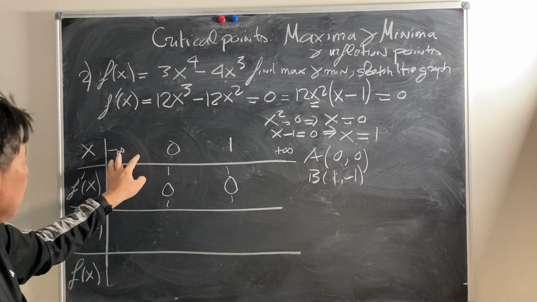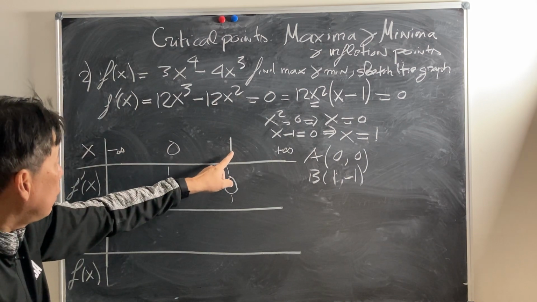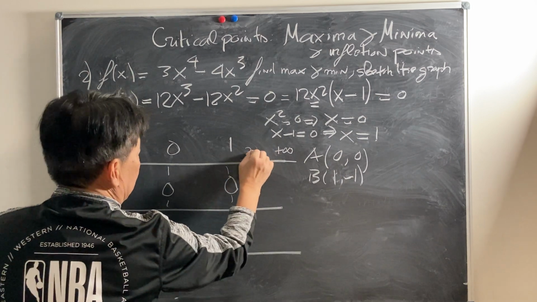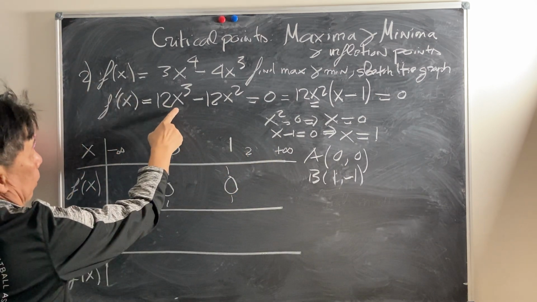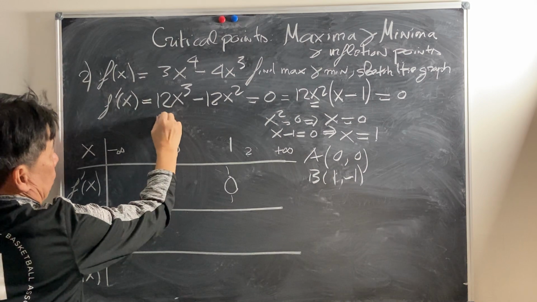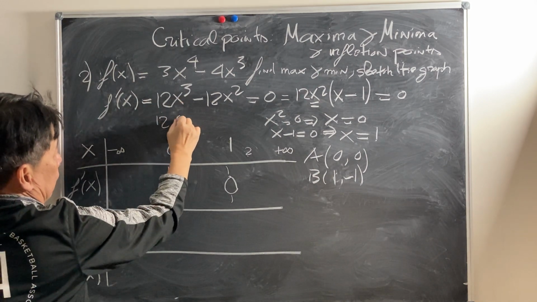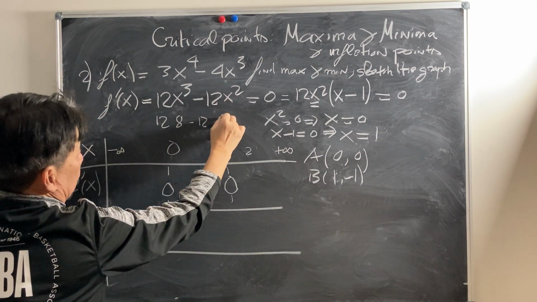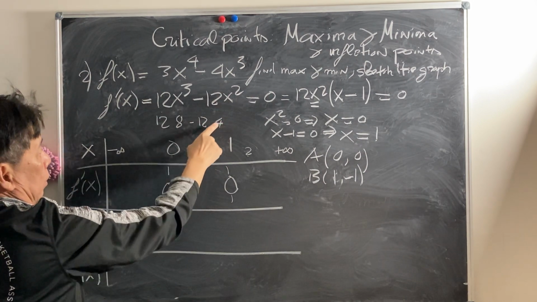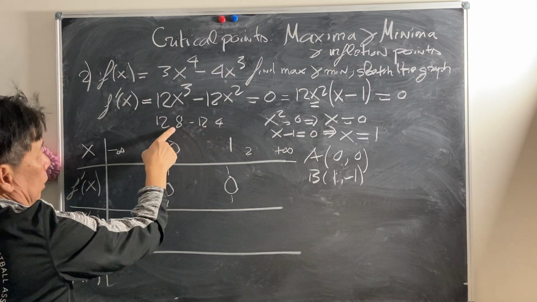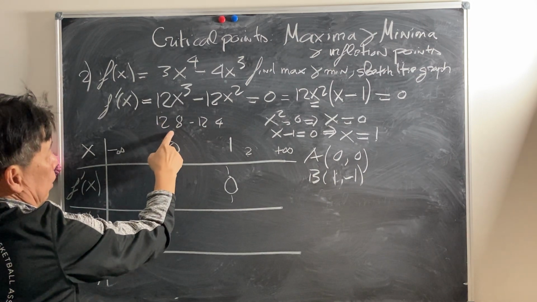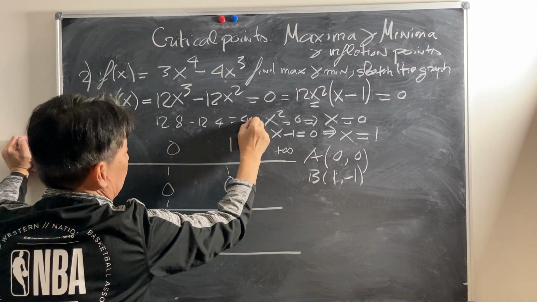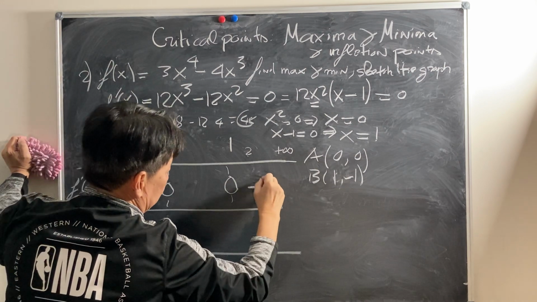Let's say from 1 to infinity. If you take 2 here and substitute, 2 cubed is 8, times 12 is 96, minus 12 times 4, which is 48. 96 minus 48 equals 48. It's positive, so this sign is positive.